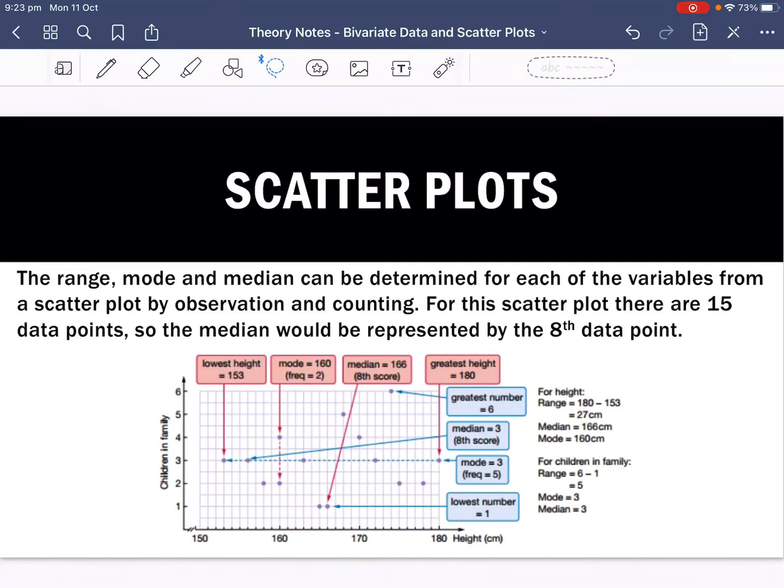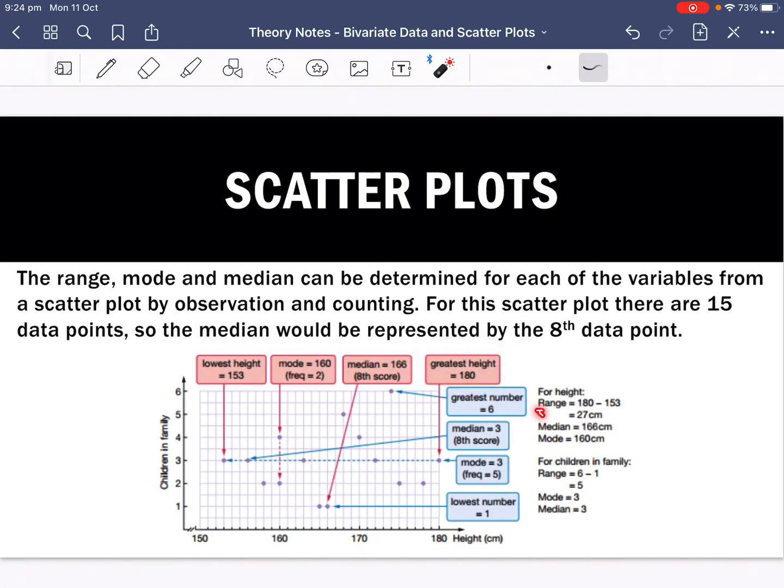Lastly, the range, mode and median can be determined for each of the variables from a scatter plot by observation and counting. So for this scatter plot, there are 15 data points, so the median would be represented by the 8th data point. So we can find the median for the height and the median for the number of children in the family. So our lowest height is 153 and our greatest height is 180.